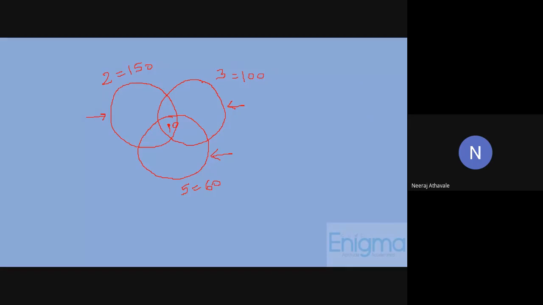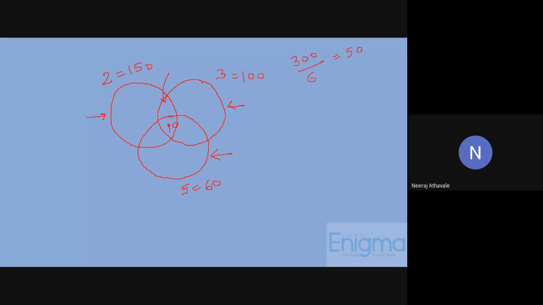Now this region, this area, total area along with 10 is basically common between 2 and 3. LCM of 2 and 3 is 6. So 300 upon 6, we have 50 such numbers.